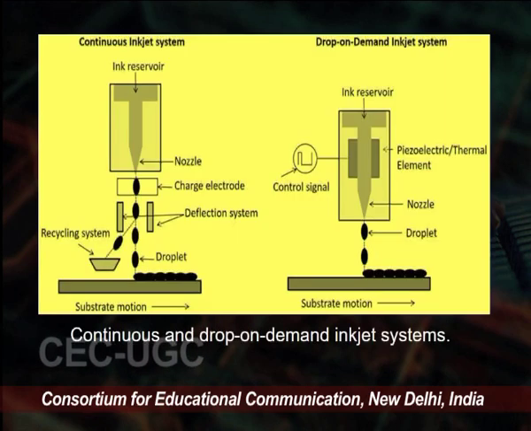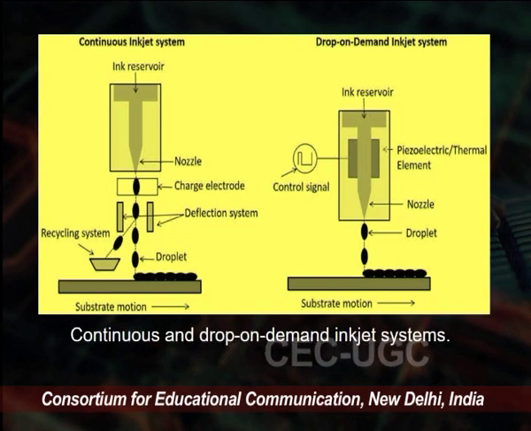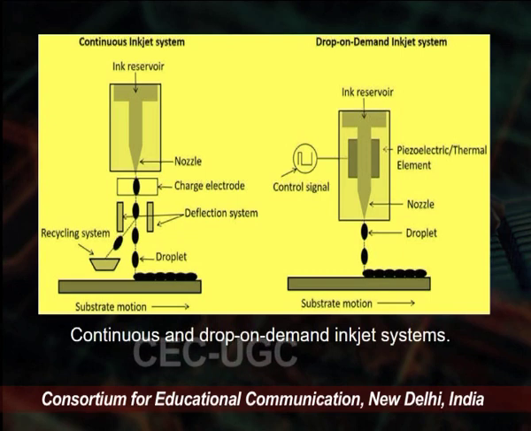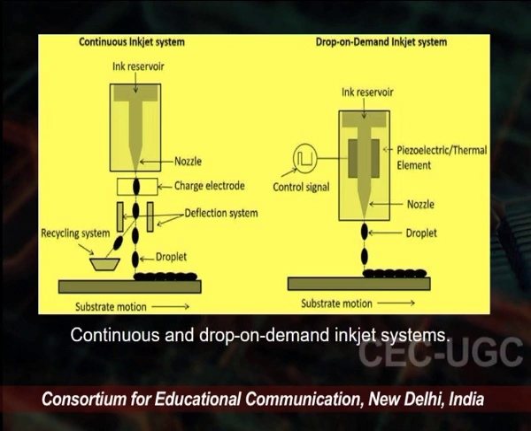So, you can see on the screen, one is the continuous and the second is the drop on demand inkjet system. Both work in a similar way. Recycling is there in the continuous inkjet, and here the drop on demand works in a signal-controlled manner.